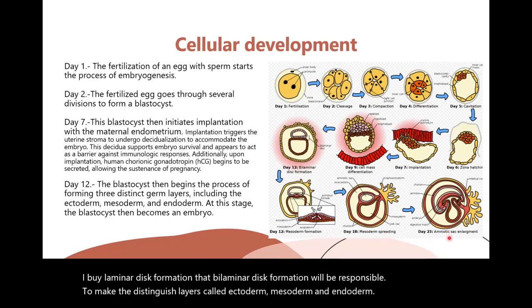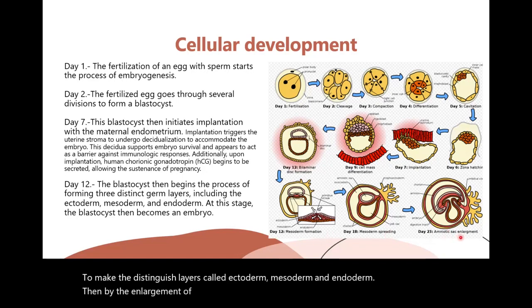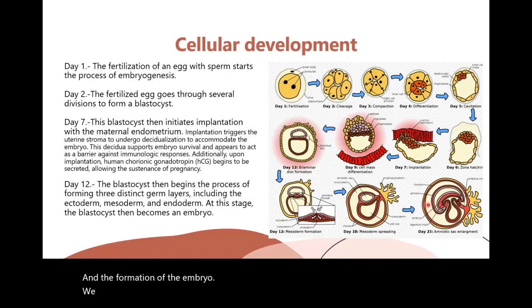Then, by the enlargement of the amniotic sac by day 23 and the formation of the embryo, we can also see the formation of the umbilical cord.